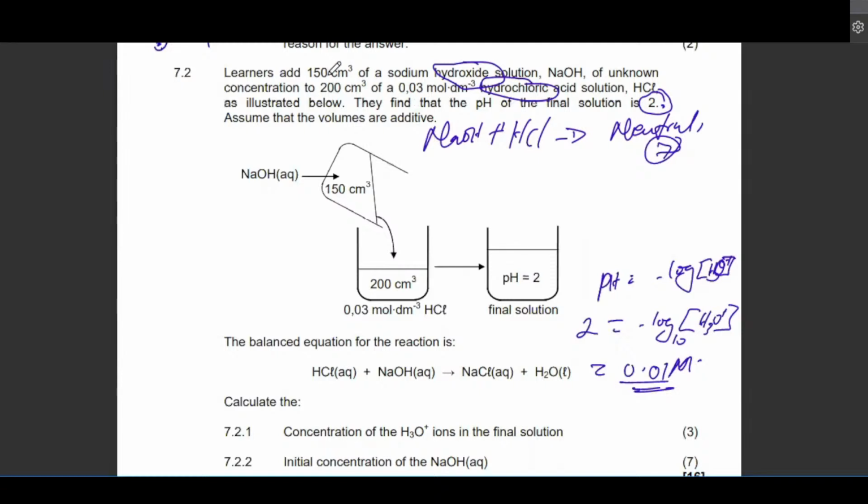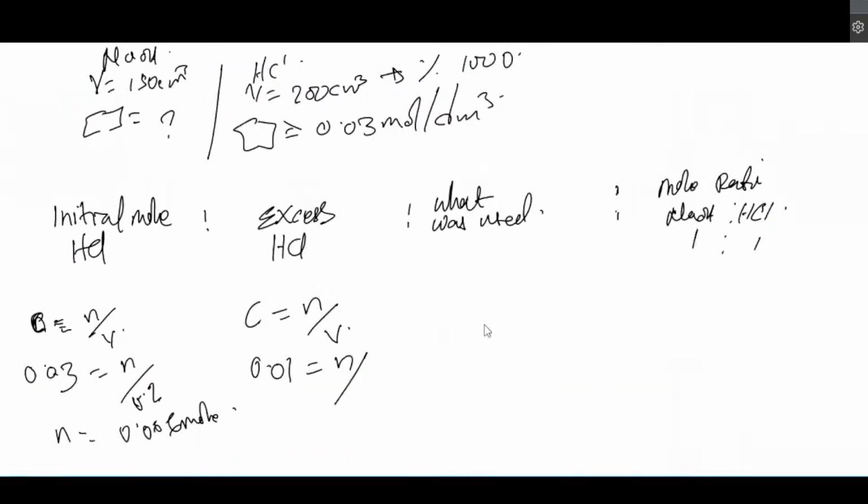Therefore, it means that the volume of the final solution is 150 plus 200. So for the volume, remember, it's going to be 150 plus 200, which is 350. Then I divide it by 1,000 to get it in decimeter cubed.